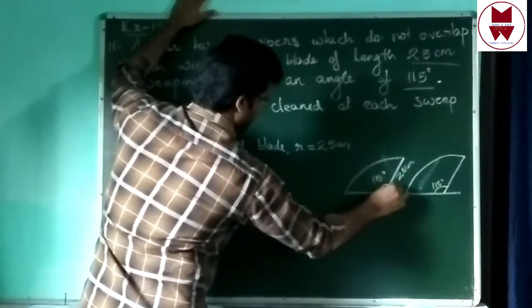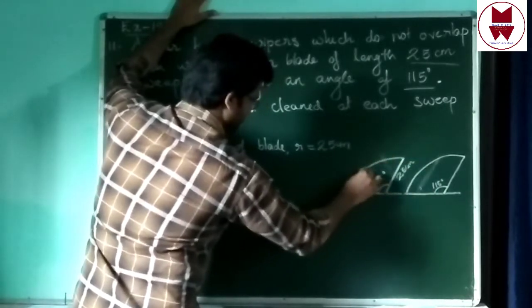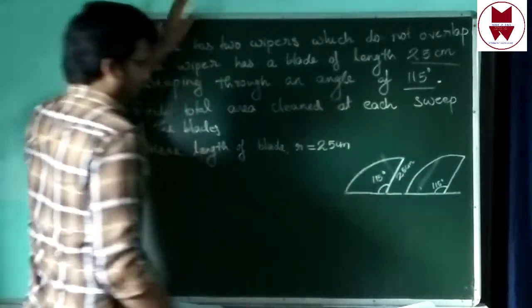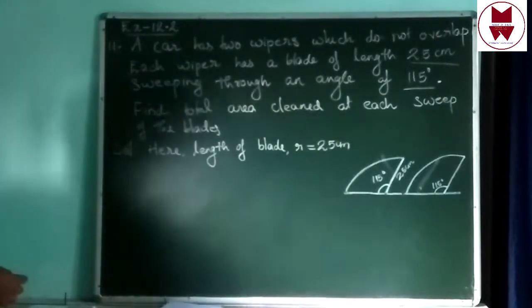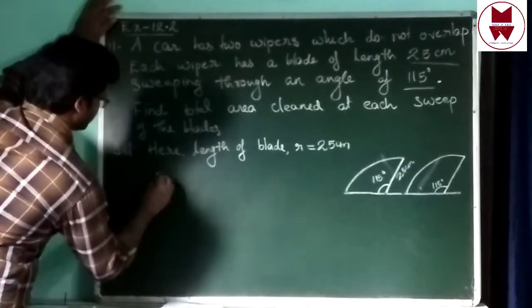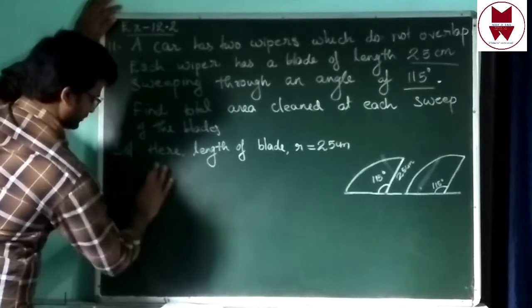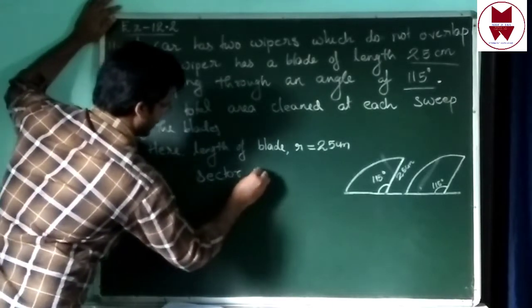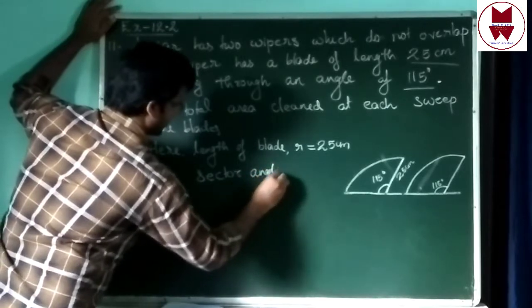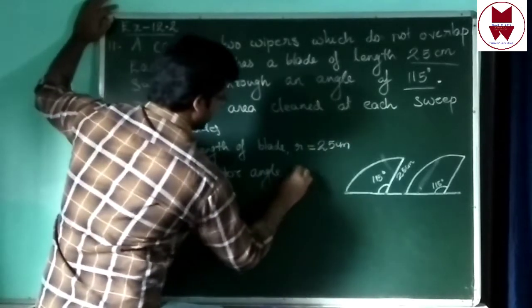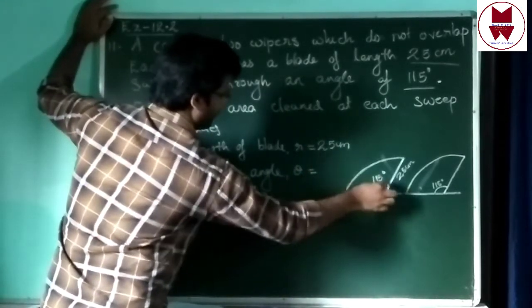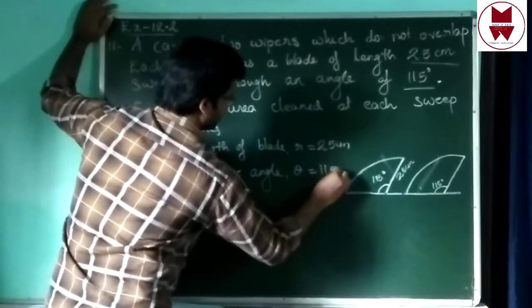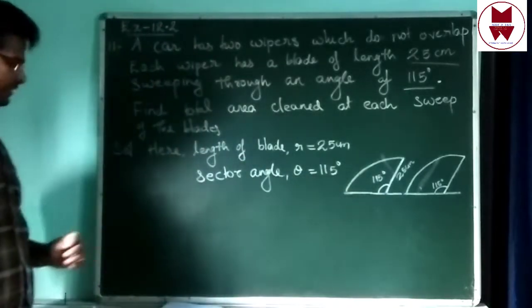This is radius only when you consider this sector. That time this r we can write 25 centimeter. Then an angle also given, we can write sector angle theta equal to 115 degrees.